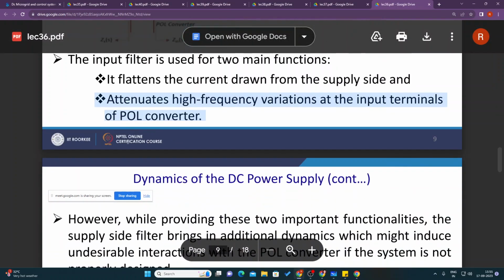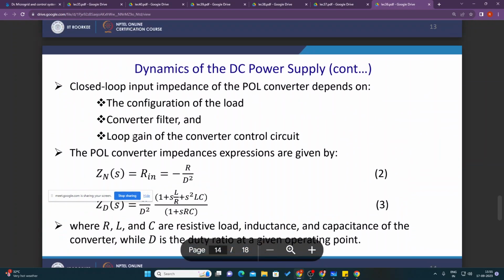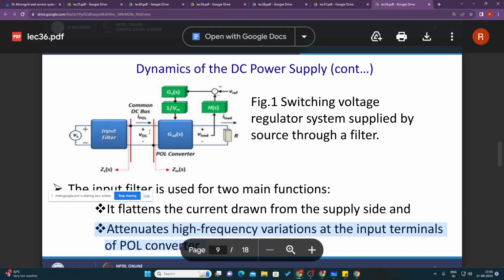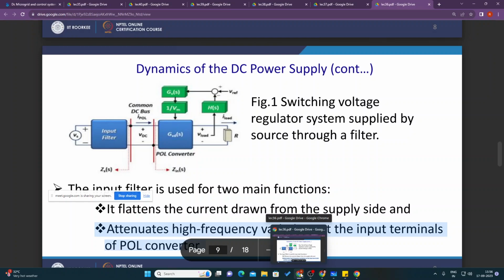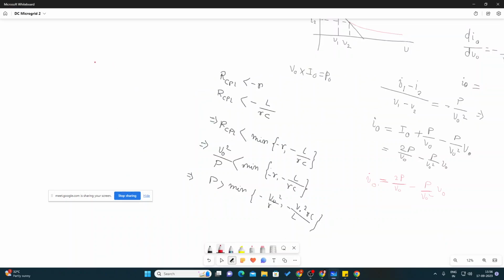So to design this input filter, this is the plus minus VD, and here we will have some VS. So considering the small signal variables of both sides, what is ensured precisely is, so this is the supply VS, and this is the input filter.